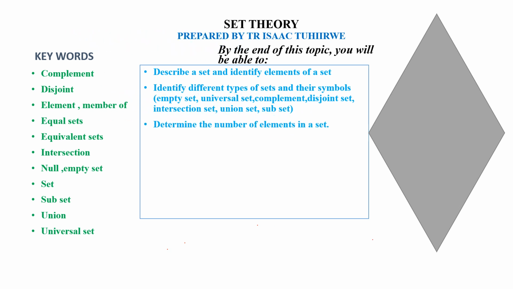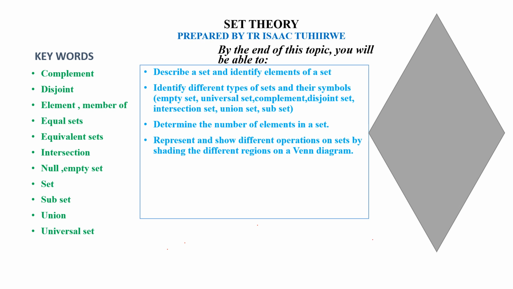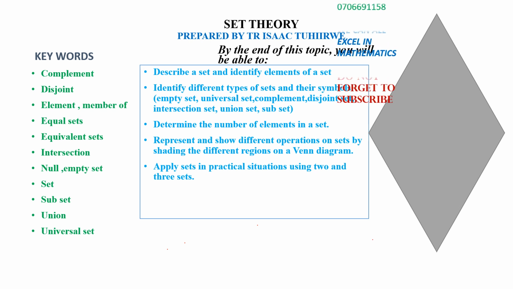Determine the number of elements in each set. And also, a learner should be able to represent and show different operations on sets by shading the different regions on a Venn diagram. Apply sets in practical situations using 2 and 3 sets.